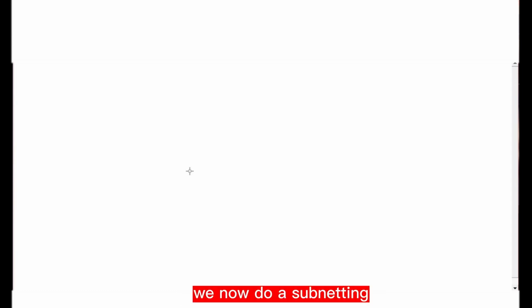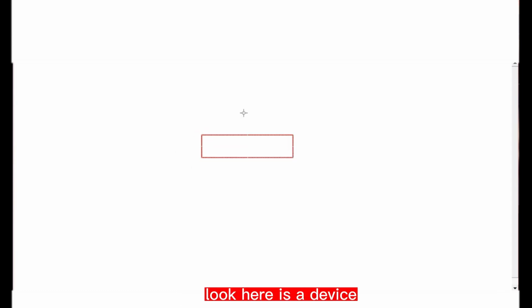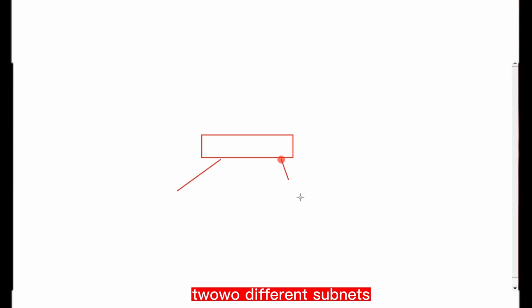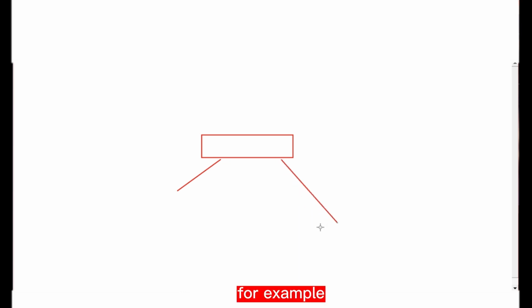We now do a subnetting. Look, here is a device. In this device, I now divide the network into 2 different subnets, for example 2 divisions of a company. Left is 192.168.1.0 with a 25-bit mask.